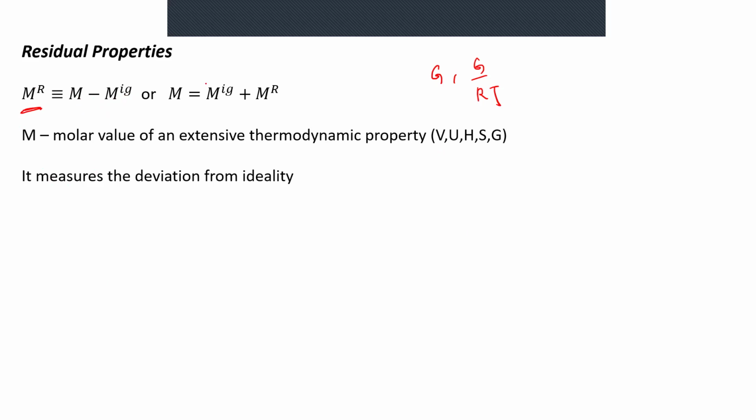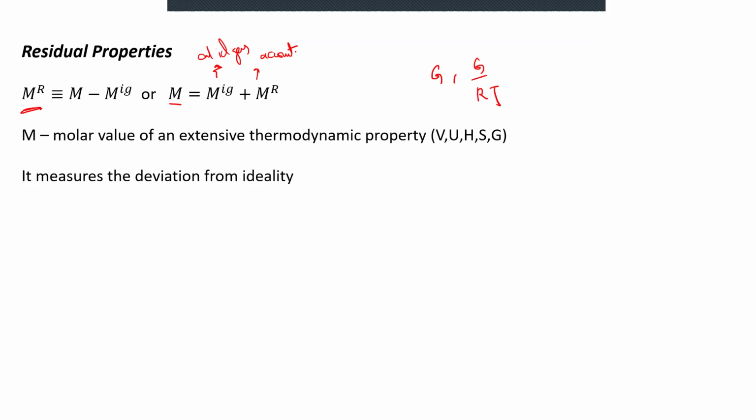Or else we can express this as M is equal to M^IG plus M^R, where we do the calculation for the ideal gas, and then we account for whatever is there for the real system. So it accounts for the volume and interactions.